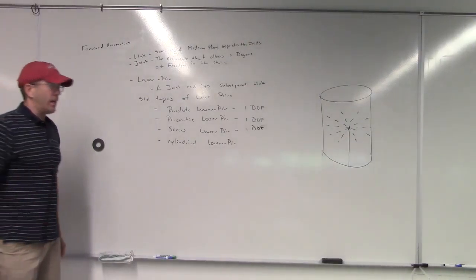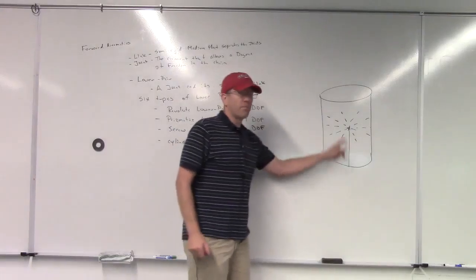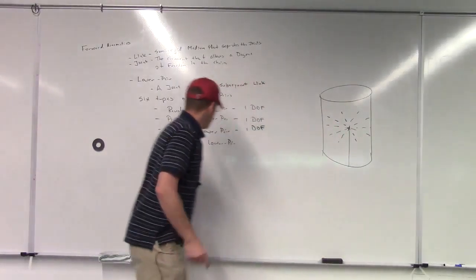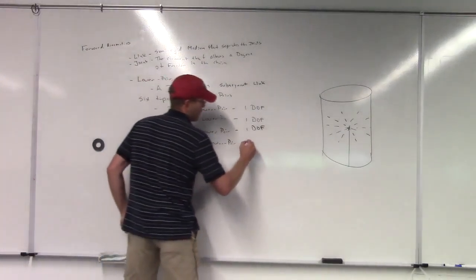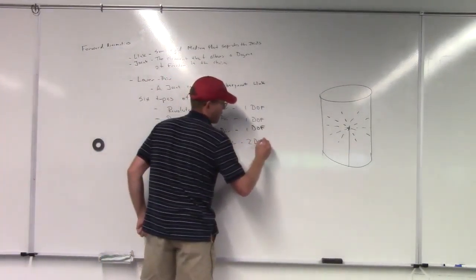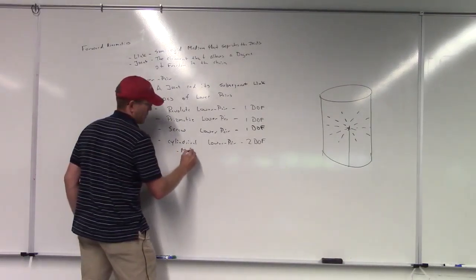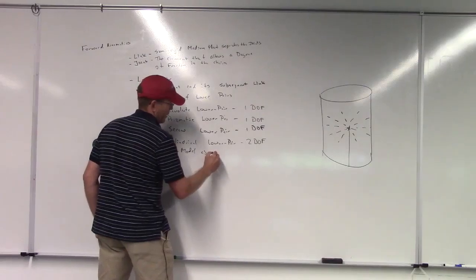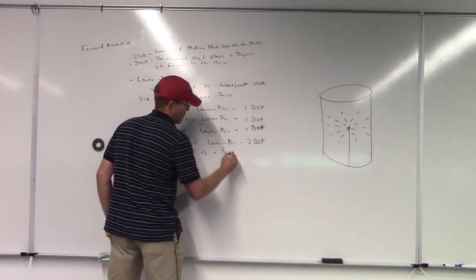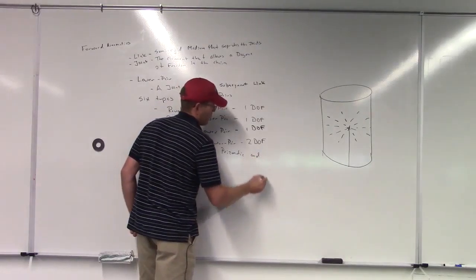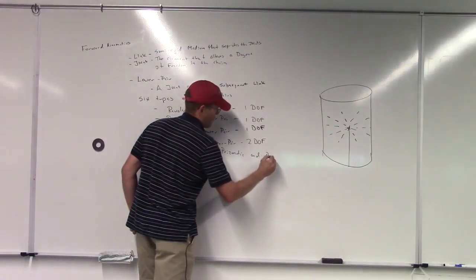It has both a prismatic component and a revolute component. So this actually has 2 degrees of freedom. We could model it as a prismatic and revolute compound joint.